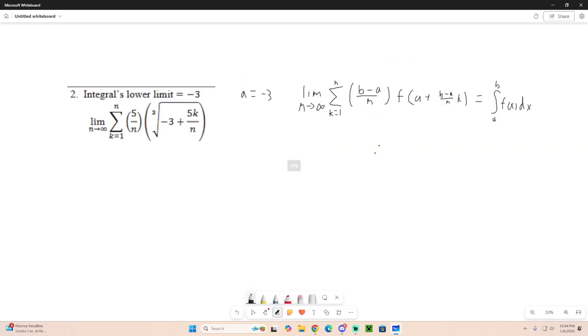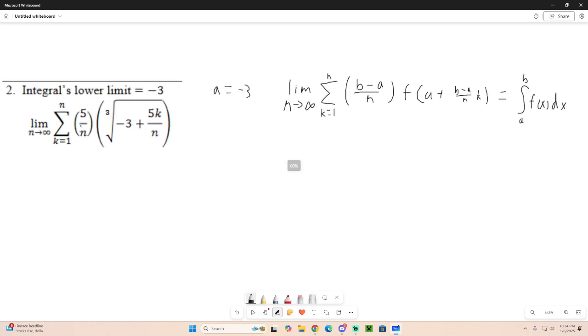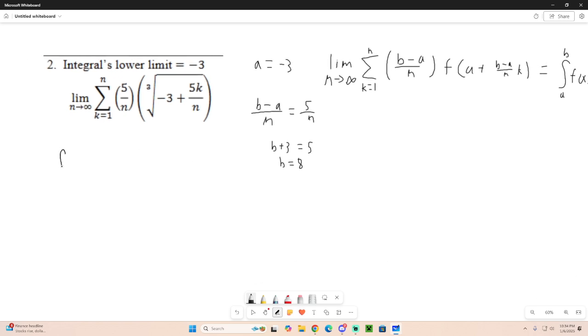That means b minus a over n is this part right here, right, Fernando? So b minus a over n equals 5 over n. And then we know that a is equal to -3. So b plus 3 equals 5 over n. b equals 8. That means our lower limit of the integral is -3, and our upper limit is 8.